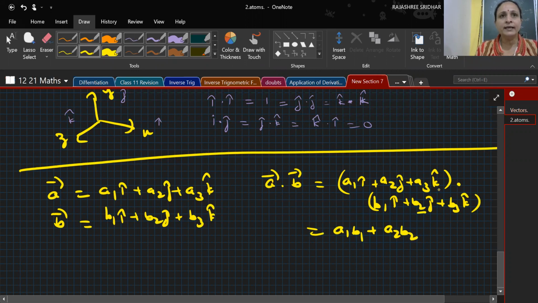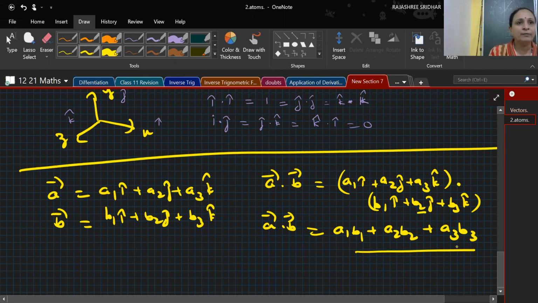Then b2 j and a3 k, that is again 0. b3 k with a1 i, that is 0. a2 j into b3 k, that is also 0. And then a3 k into b3 k, that is a3 b3 k dot k, which is equal to 1. So this is the answer, you have got the value of A dot B: a1 b1 plus a2 b2 plus a3 b3.